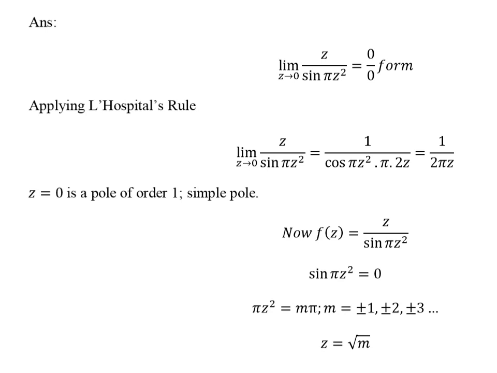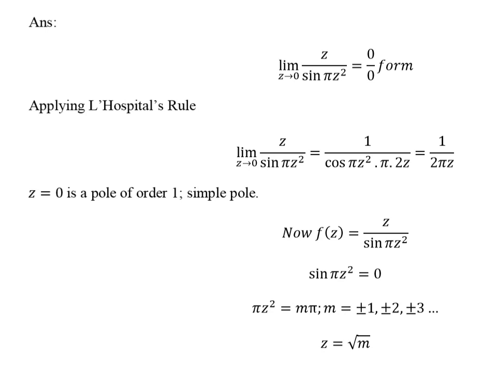Check how z is equal to 0 is a singularity. Limit z tends to 0, z by sine pi z square gives 0 by 0 form. Now we can apply L'Hospital rule. So we'll get limit z tends to 0, z by sine pi z square equal to 1 by 2 pi z. So it is clear that z is equal to 0 is a pole of order 1, hence a simple pole.